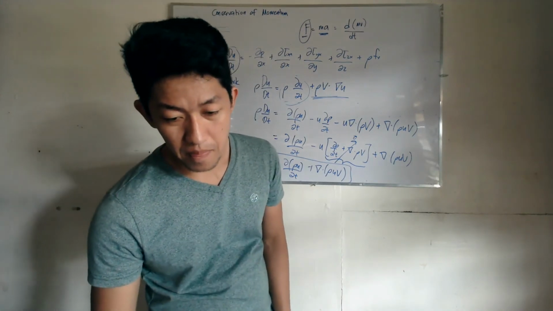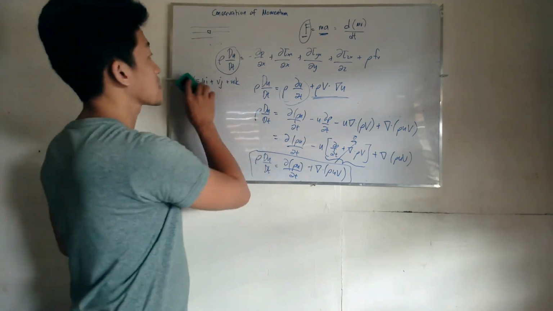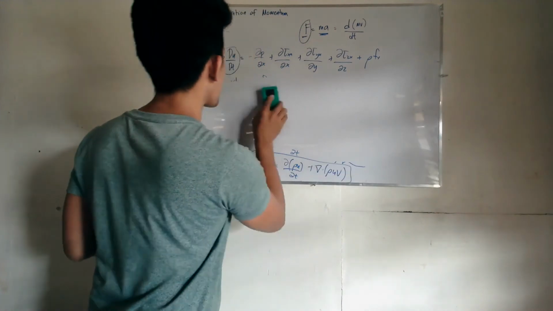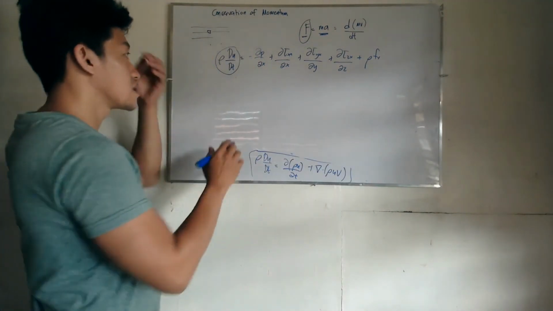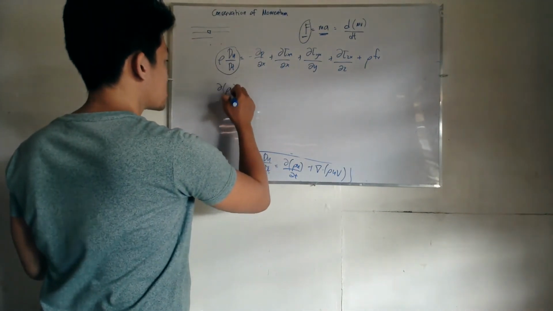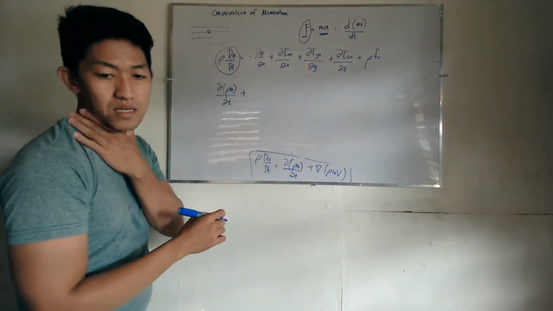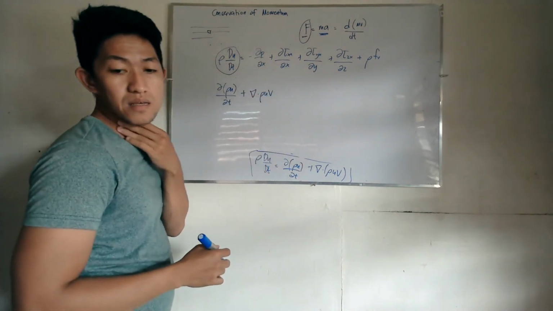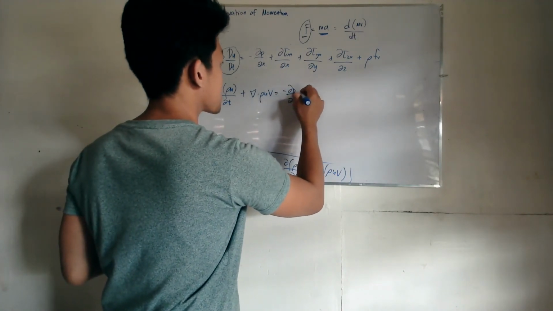Okay? So, plug that in here. The result: partial of rho u partial of t plus del dot rho u b equals negative partial of p partial of x.